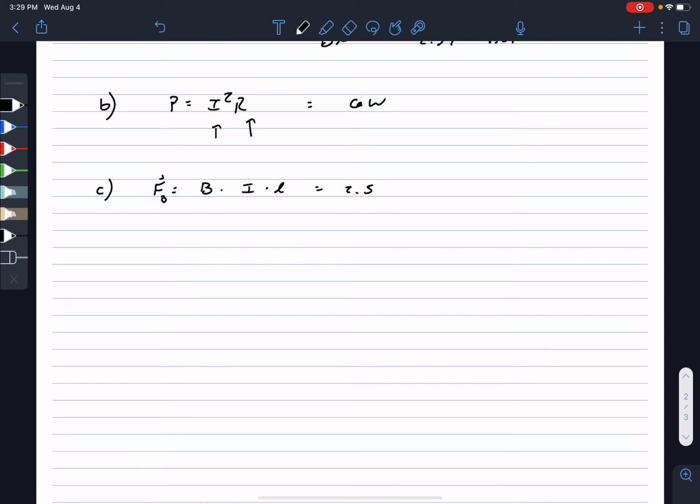That's going to give us 2.5 Tesla times 1 amp times 1.2 meters. That's going to give us a value of 3 newtons. So I took this identity from, I believe it was chapter 19. I think we just went over some of those problems.